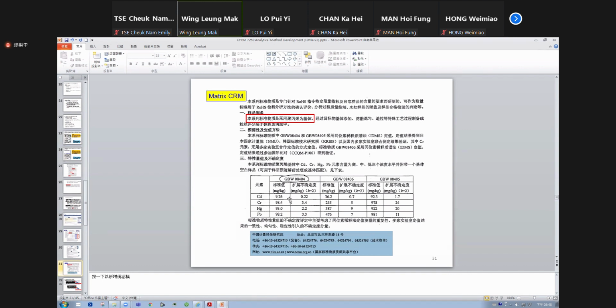The cadmium concentration, you should do the analysis, and then you will get this result with the uncertainty, 0.22, right? The K factor, you see the K factor? This one should be the expanded measurement uncertainty.